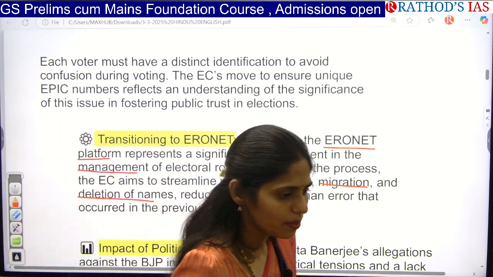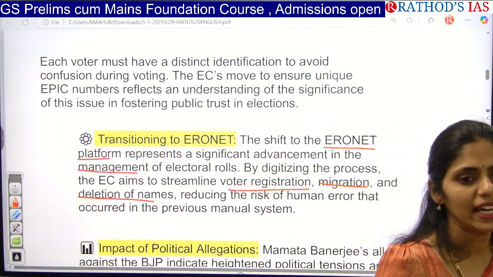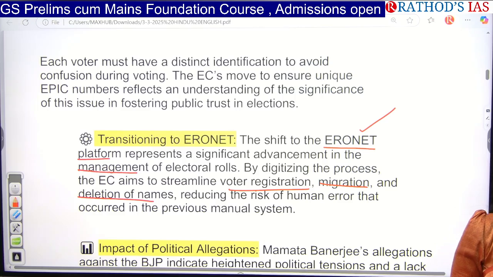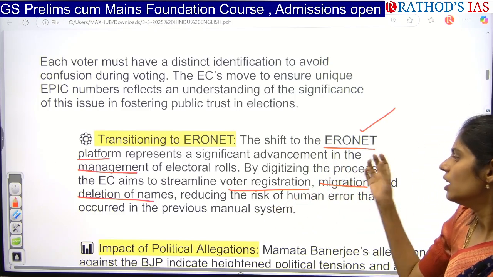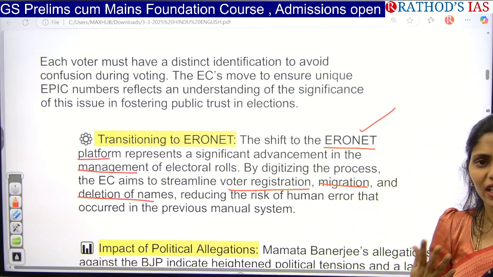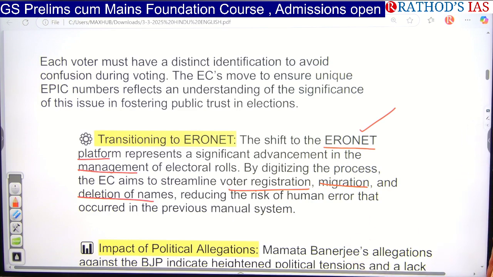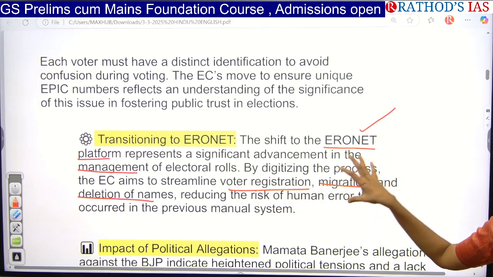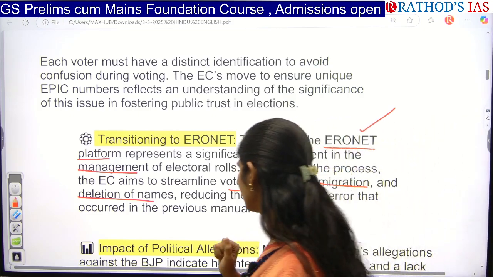Because of this manual work, a lot of times errors happen. So now they are shifting towards this ERONET platform, so that corrections of names, deletion of names, voter registration, migration, everything will be done through that platform, so that we can decrease this duplication of voter IDs.